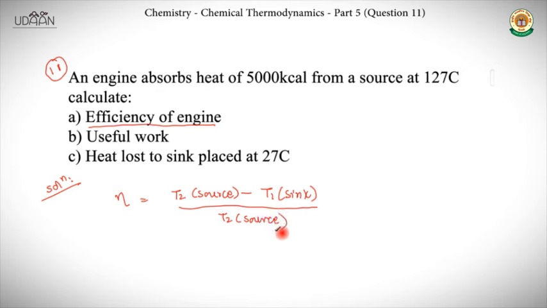So in a Carnot engine, what actually happens is that it will be absorbing some amount of heat from a source placed at temperature T2, and the engine will do some work, W. And the remaining heat will be sent into the sink.